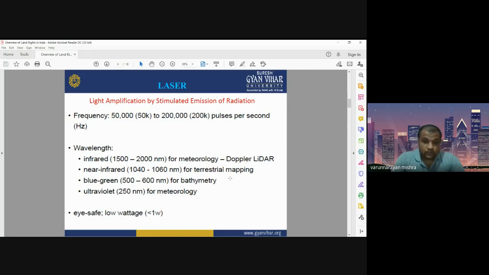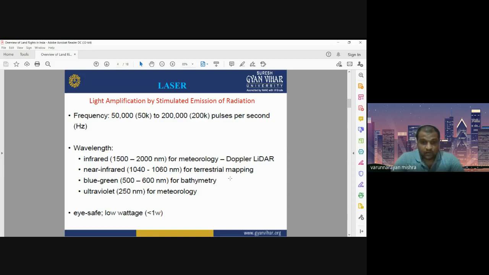If you want to go for terrestrial mapping, we need the near infrared portion of the electromagnetic radiation. Its wavelength is around 1040 to 1060 nanometer. Then if you want to go for bathymetric application, bathymetry is the branch of science used to study the oceans, the depth of the oceans, the properties of the water in the ocean.